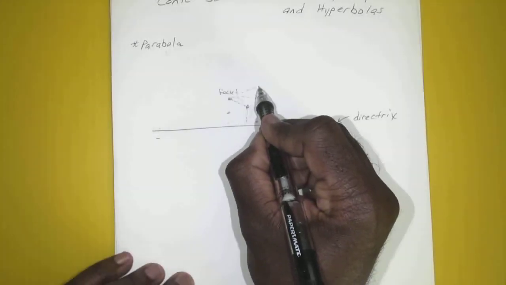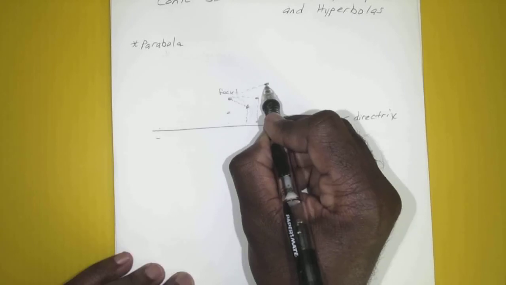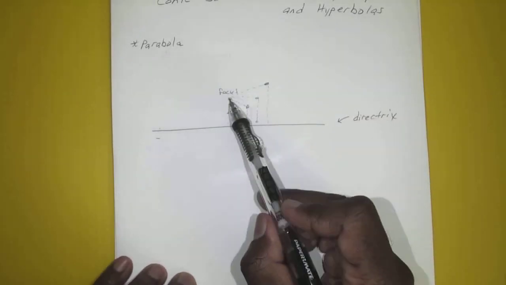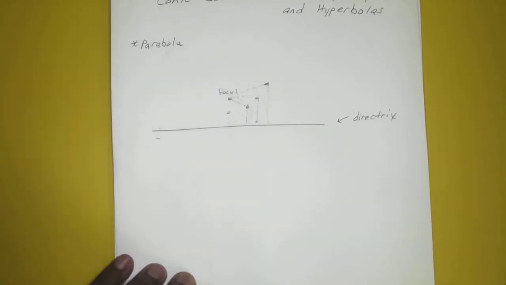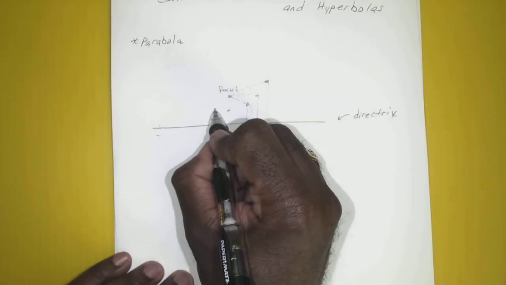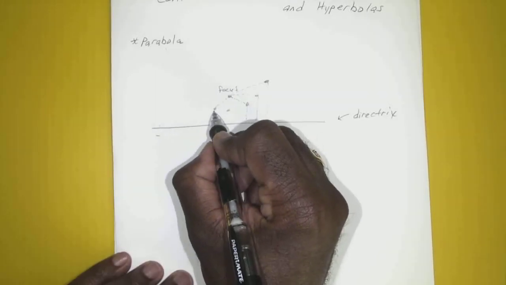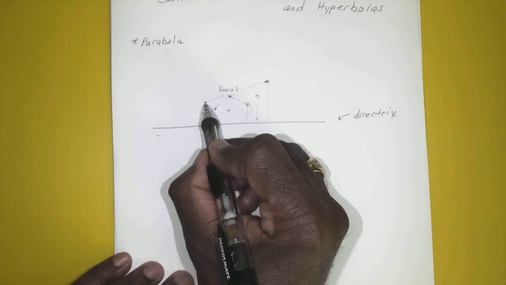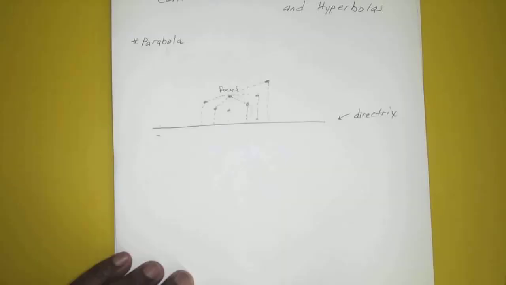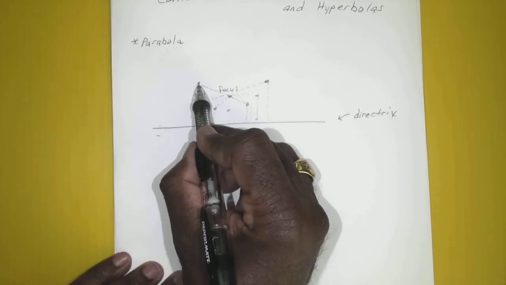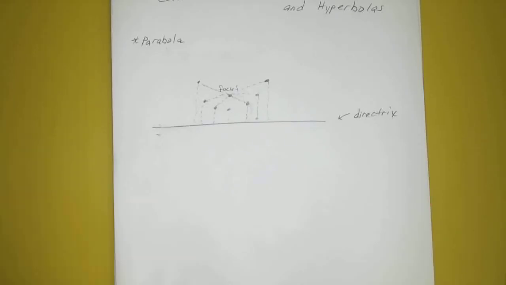Okay, so let's say if we find some point here and do the exact same thing, where the distance from the focus to that point and the directrix to that point is exactly the same. And we go the exact same way in the other direction. And let's say we go from that direction to that direction, and keeps on going and going and going.